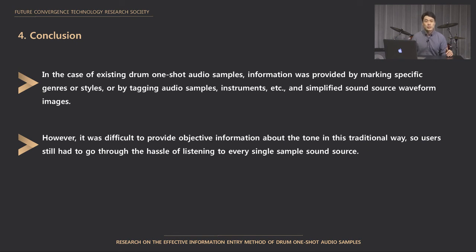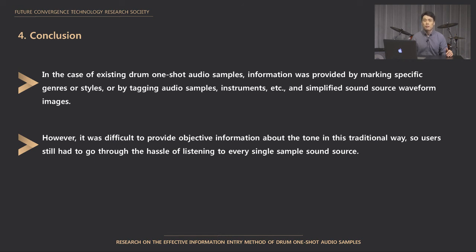In the case of existing drum audio samples, information was provided by marking specific genres or styles, or by tagging audio samples, instruments, etc., and simplified sound source waveform images. However, it was difficult to provide objective information about the tone in this traditional way. So users still had to go through the hassle of listening to every single sample sound source.